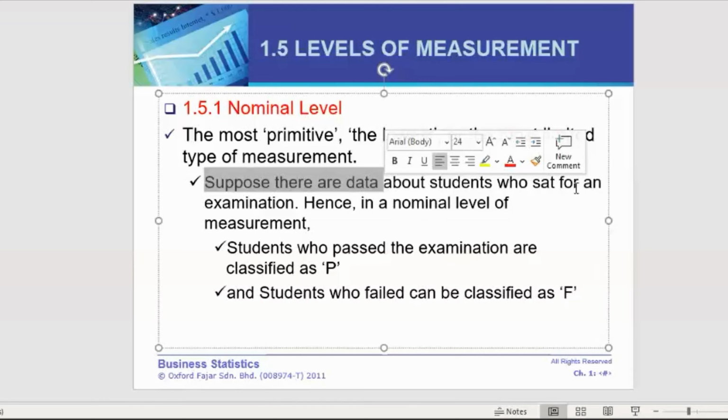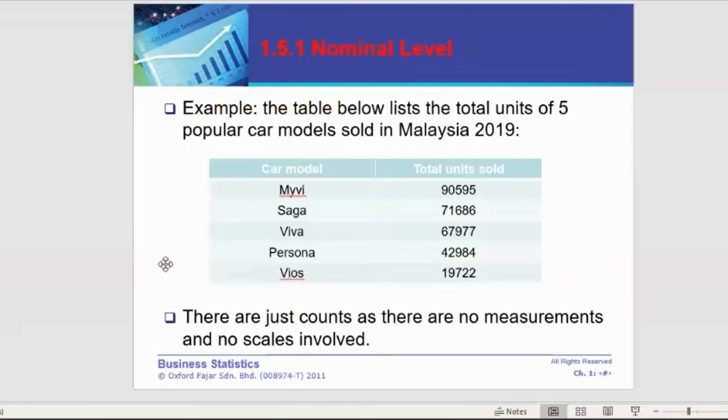What we know is that who pass get P and who fail get F. Another example of nominal measurement is a table with the number of cars sold of each type. That's it. We don't have any more details, and we cannot predict any more data or information from this table.